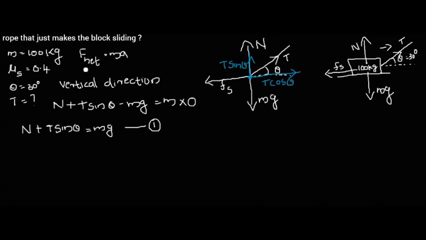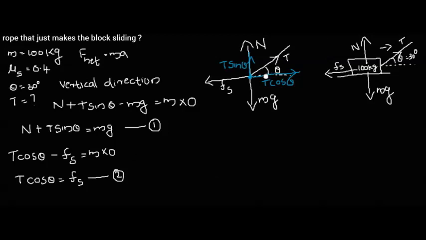So the net force experienced along the horizontal direction gives T cos theta minus Fs is equal to m into 0. I told you the object is in impending motion, so it is not having acceleration along the horizontal direction and along the vertical direction. So the acceleration is 0. So we can rewrite that equation as T cos theta is equal to Fs. Let this be equation number 2.